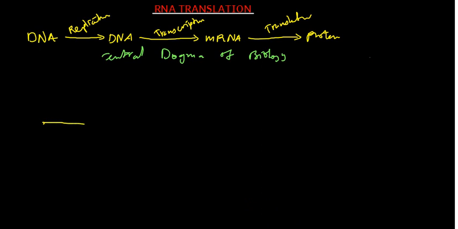So let's just say this is mRNA, this is the 5' end, and then that is the 3' end. So here we've got nucleotides. So all these which I'm putting are nucleotides.